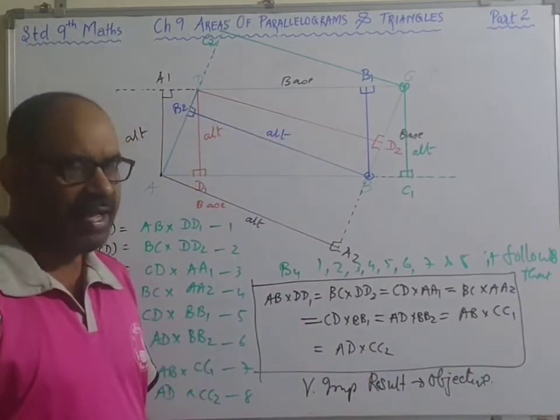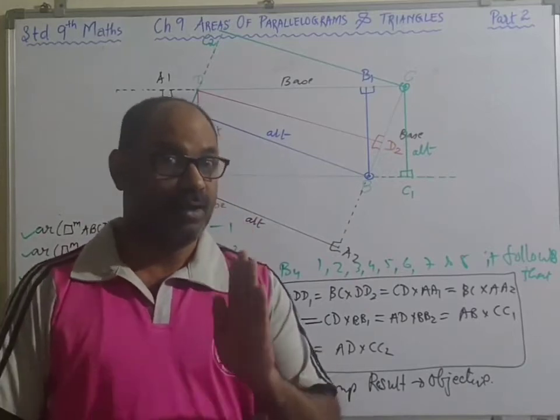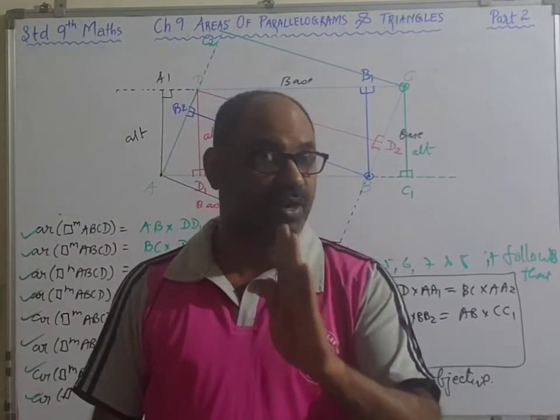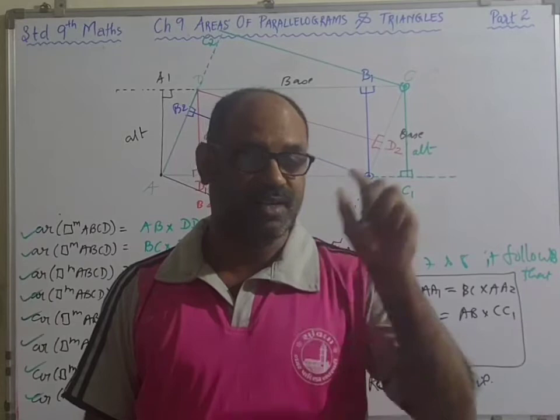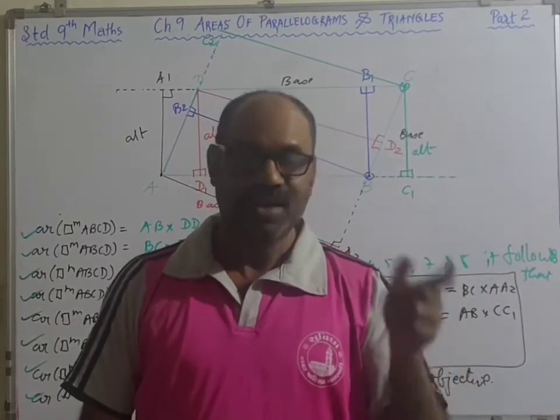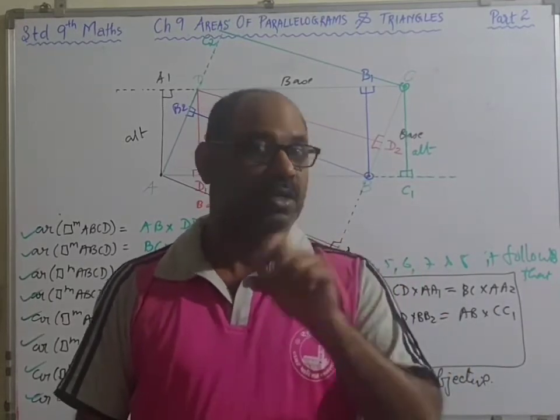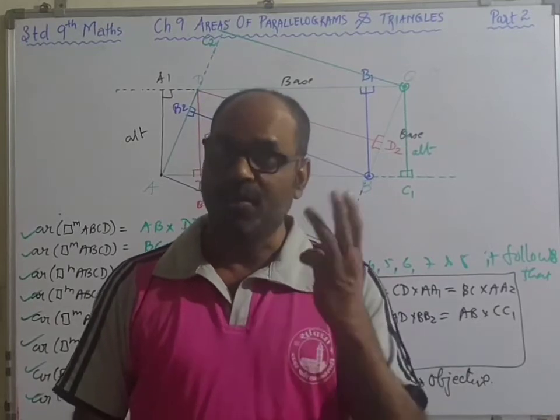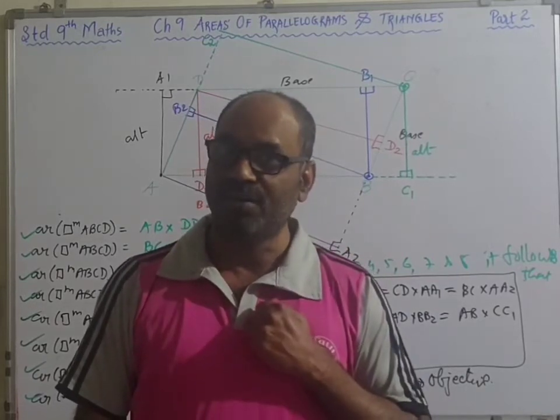Alright? For a triangle also we have seen the formula to find area is half into base into altitude. But a very important result is base into altitude 1 is equal to base into altitude 2 is equal to base into altitude 3, because a triangle has only 3 altitudes.